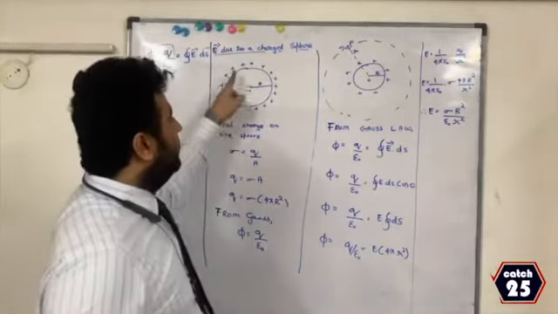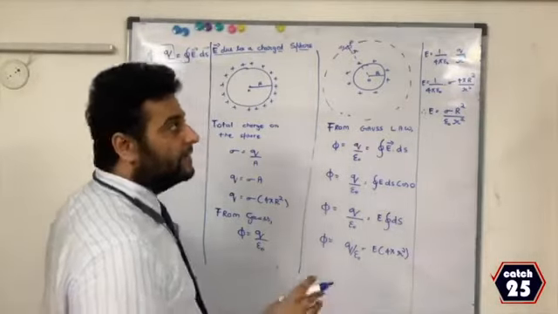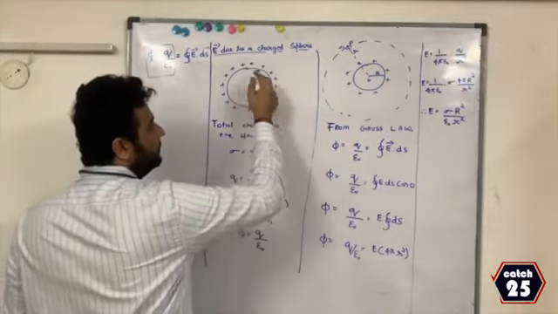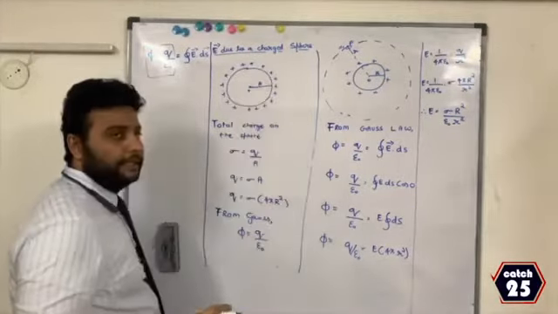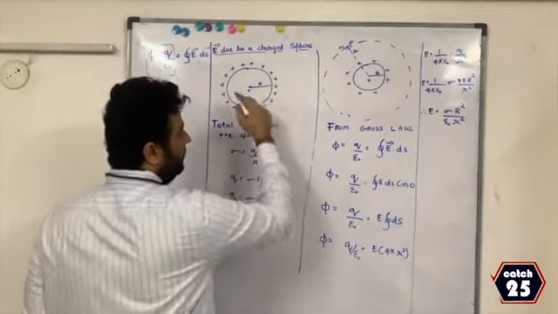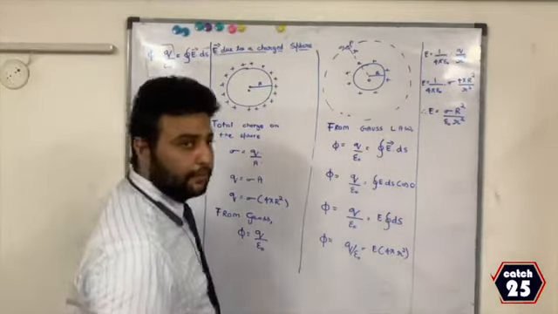Now let me take a charged conducting sphere whose center is O, radius is capital letter R. The sphere is positively charged. And the total charge on the sphere, if I want to find out, you know surface charge density is Q by A, that is charge upon area.